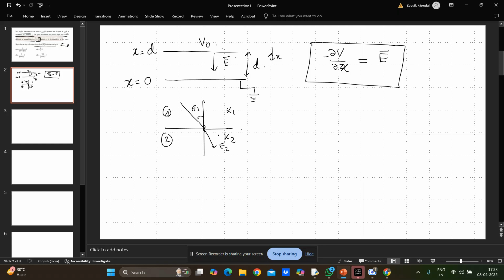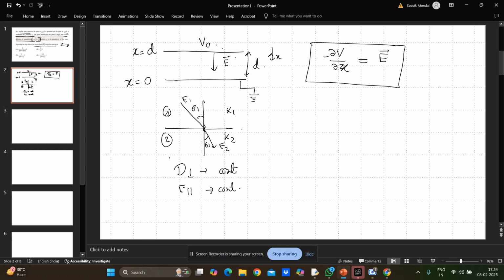Suppose this is E1 and theta 1, this is E2 and theta 2. You know the boundary conditions: D perpendicular should be continuous, and E parallel should be continuous.